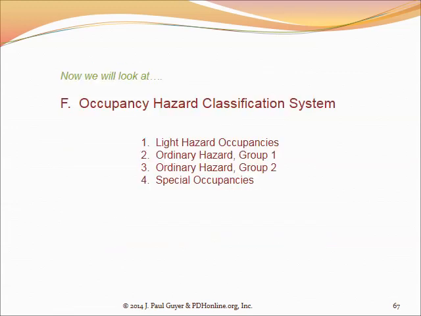The occupancy hazard classification systems are defined in the appropriate codes, either NFPA or International Code Council. The nomenclature varies and it kind of changes over the decades, but it more or less looks roughly like what you see here: light hazard, ordinary hazard group 2, and then extra hazard, and then special occupancies.